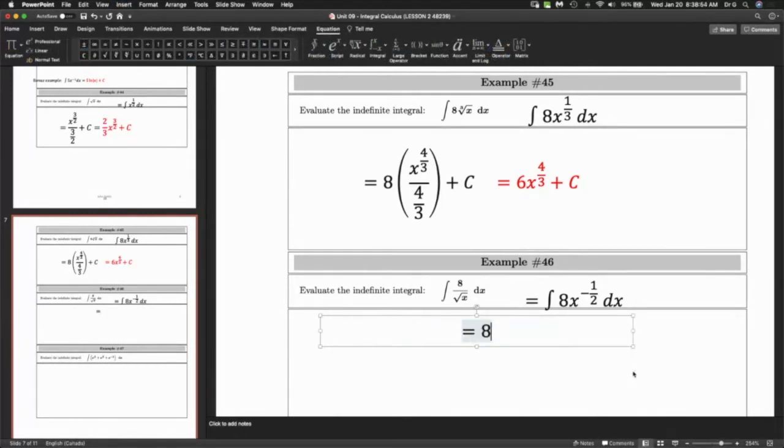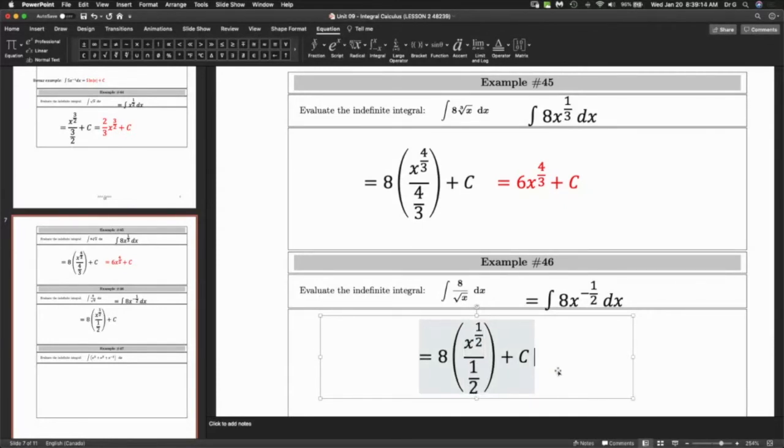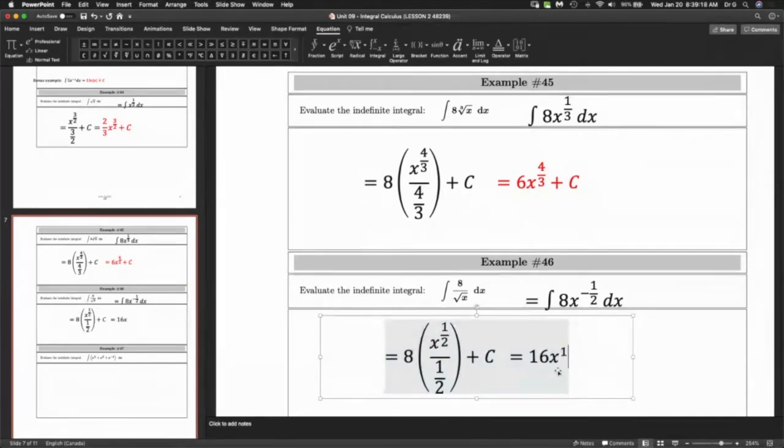So in this case, it'll be 8 with some brackets plus c. And in those brackets, it'll be x to the something over something. That's the template. Even those first examples we did look so similar. So just take negative a half and add 1. What's negative a half plus 1? It's positive a half. And then that simplifies nicely to 16x to the half plus c.